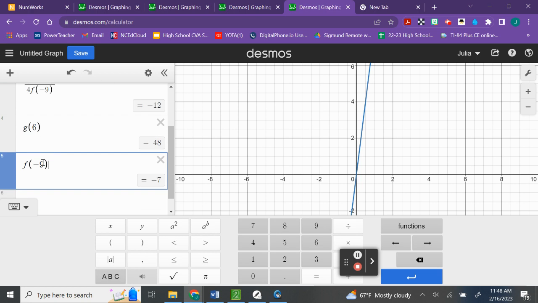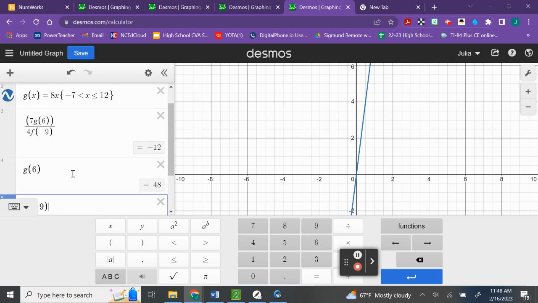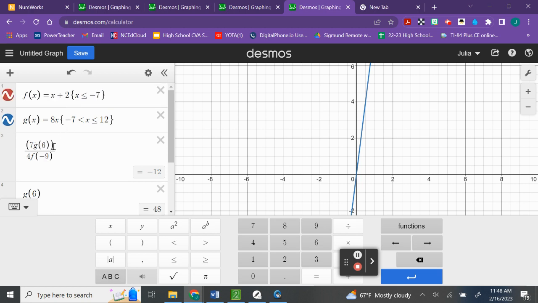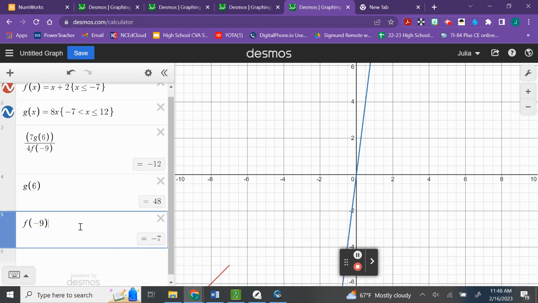This could let you figure out which function to use if you don't want to do all the thinking. Up to you. Lots of options here to either think mathematically or let Desmos do it for you as well. But again, at the end of the day, our answer was negative 12, and you just nailed it.